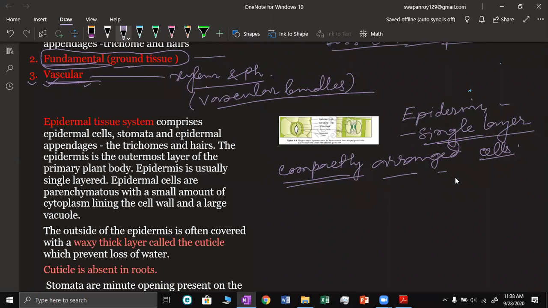It is in the leaves, stem, branch, fruit, flower, or root branches, anywhere. This is the outermost layer.